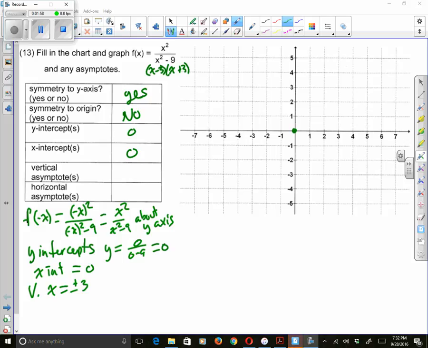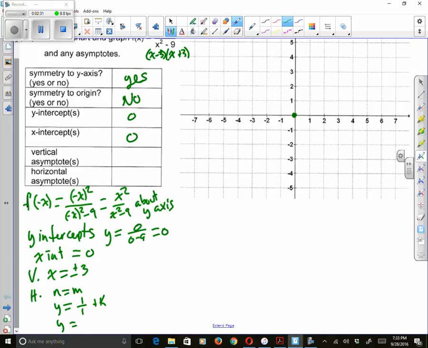Horizontal asymptotes, if you look at the video for 4 and 5, you're simply going to go through that process of determining that n is equal to m, therefore y is equal to a over b, which is 1 over 1 plus whatever k values there. There is no k values, so simply y equals 1.